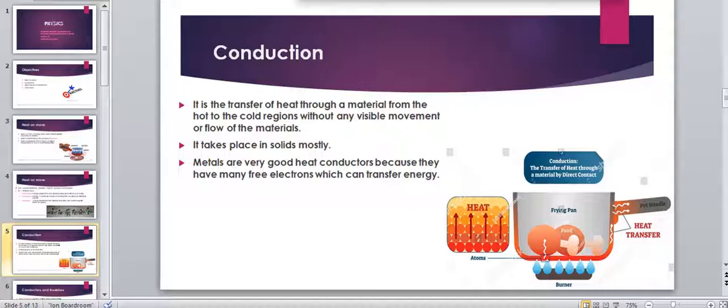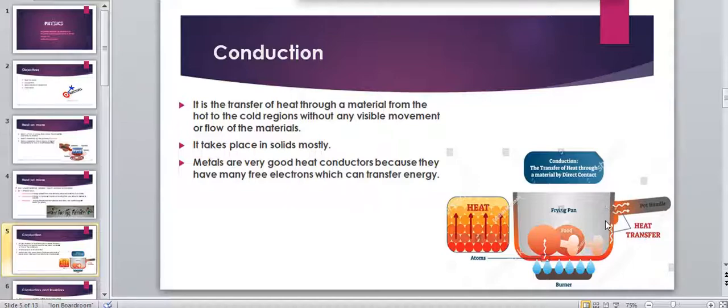But before this, the whole pan will become hot, and the handle of this pot or pan will also be hot. Why? This is because of conduction.